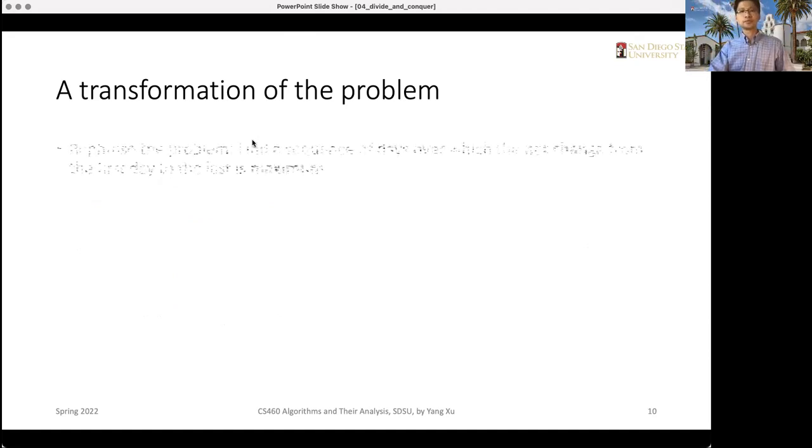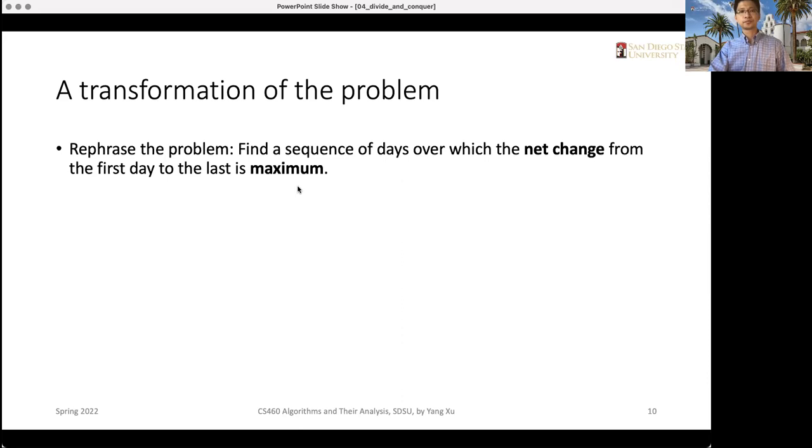Let's rephrase the problem. The original problem is to find the buy date and the sell date, but we can translate it into a new problem, which is to find a sequence of days over which the net change from the first to the last is maximum.